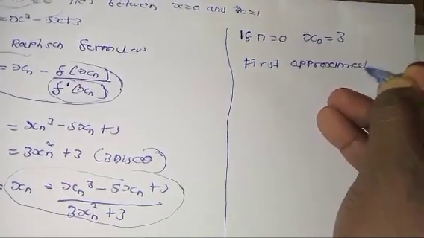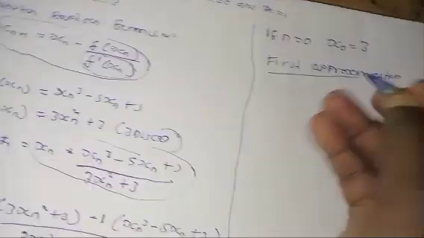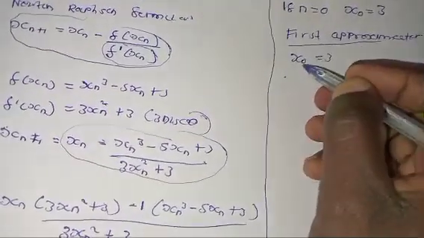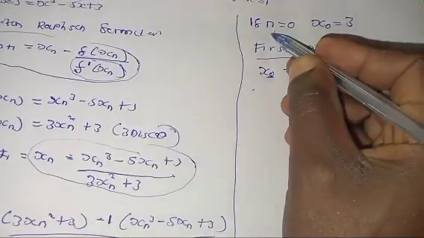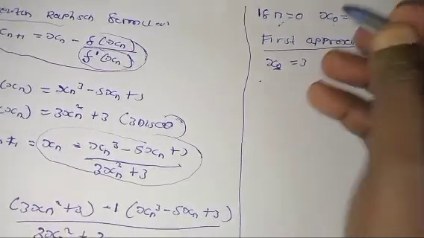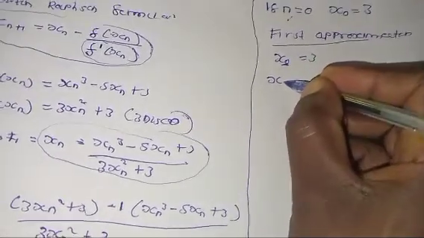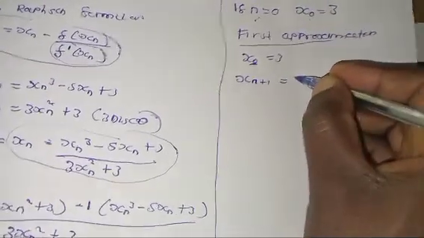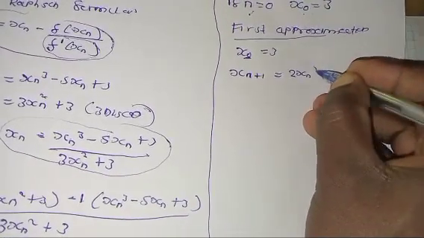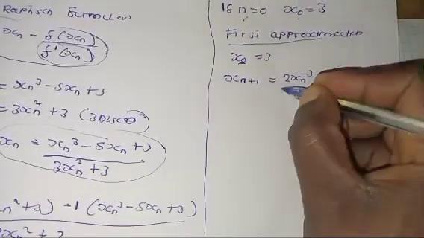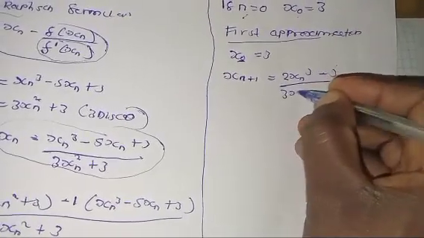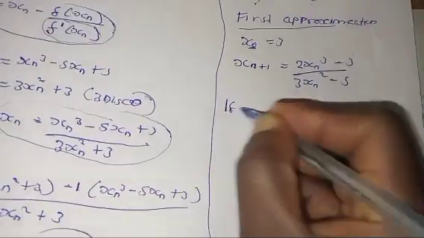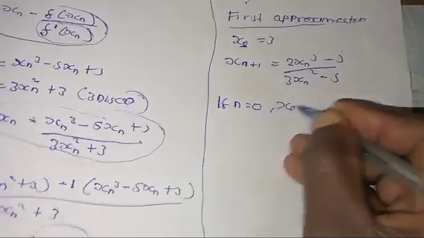So x naught is equals to 3. We substitute in this equation: x_(n+1) is equals to 2x_n cubed minus 3 all over 3x_n squared minus 5. So if n is equals to 0, x naught is equals to 3.